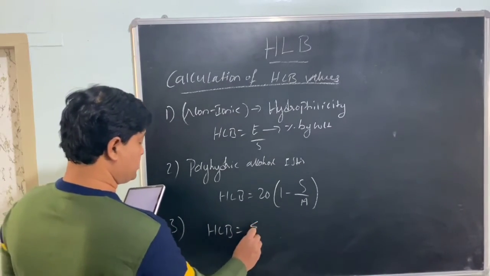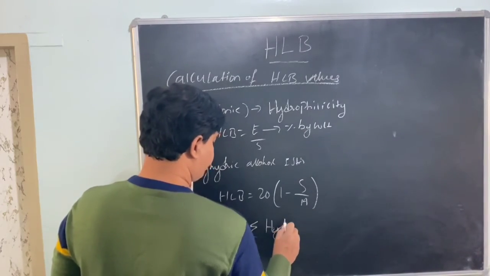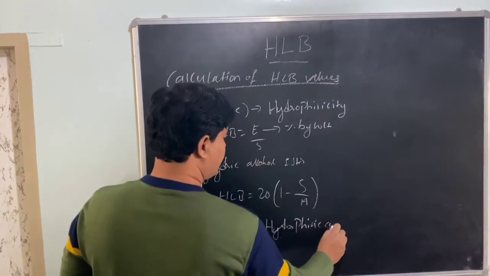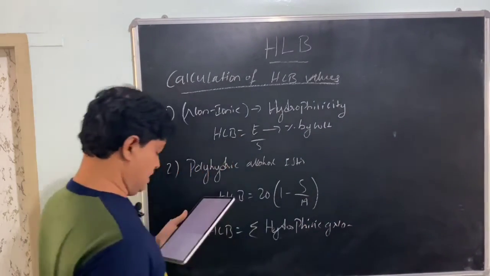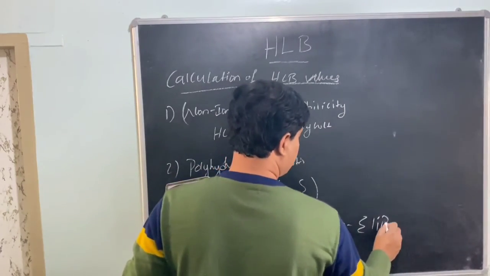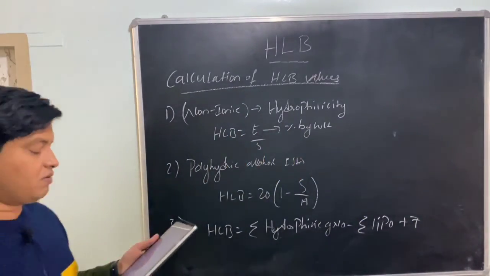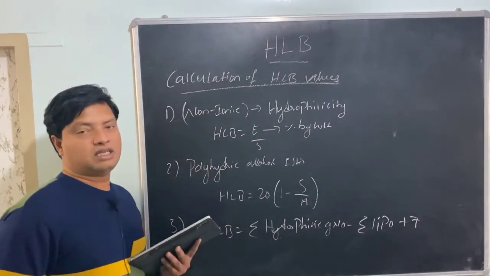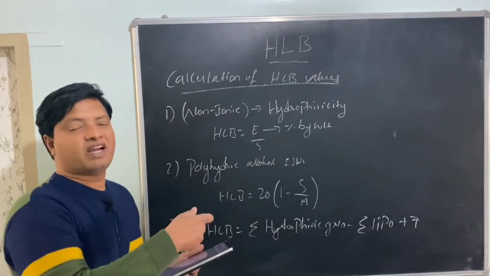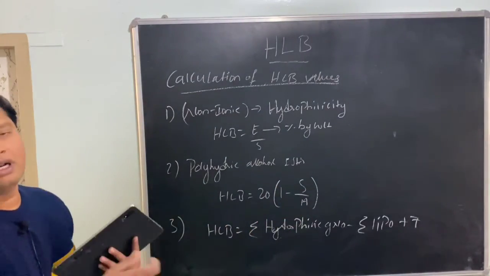HLB is equal to the summation of hydrophilic group numbers minus the summation of lipophilic group numbers plus 7. This is the equation used to calculate the HLB value if the given information about the surfactant is the number of groups present, like hydrophilic groups and lipophilic groups.